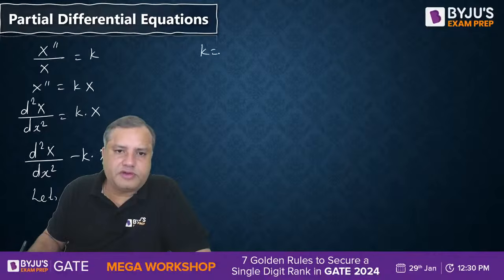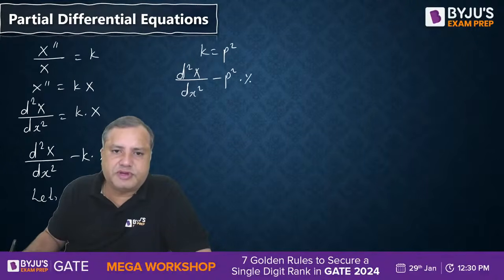See, what we are doing, we are putting k equal to p square. So d square x upon dx square minus k, which is p square, so p square x equal to 0.